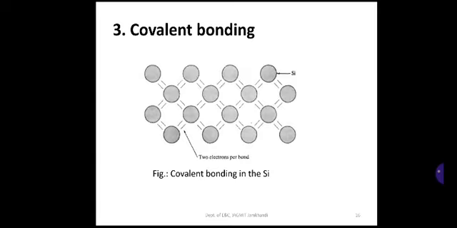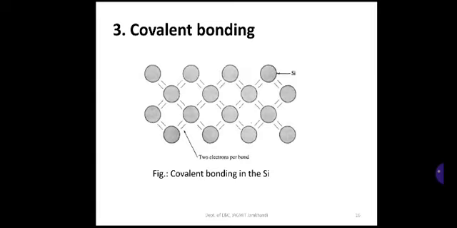If you take germanium as an example, its atomic number is 32. Its electronic configuration is 1s2, 2s2, 2p6, 3s2, 3p6, 3d10, 4s2, 4p2.